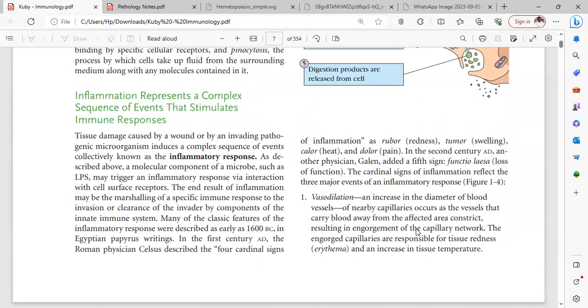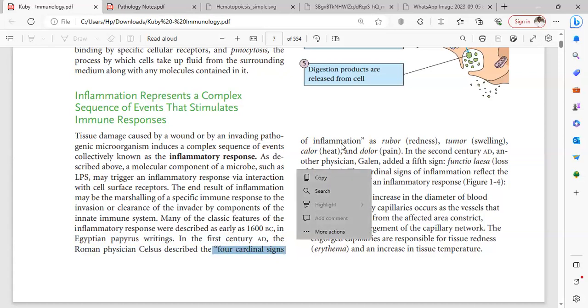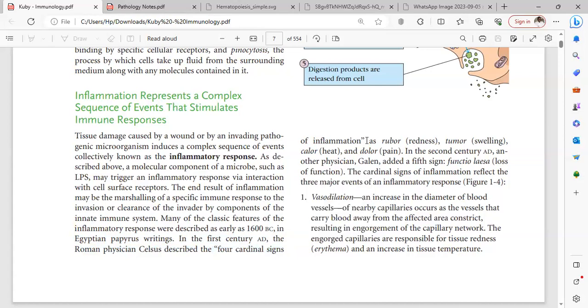And then we will also appreciate the inflammatory parts. These 4 cardinal signs of inflammation are very important. They are here, I highlighted them. The 4 cardinal signs of inflammation are redness, swelling, heat and pain.